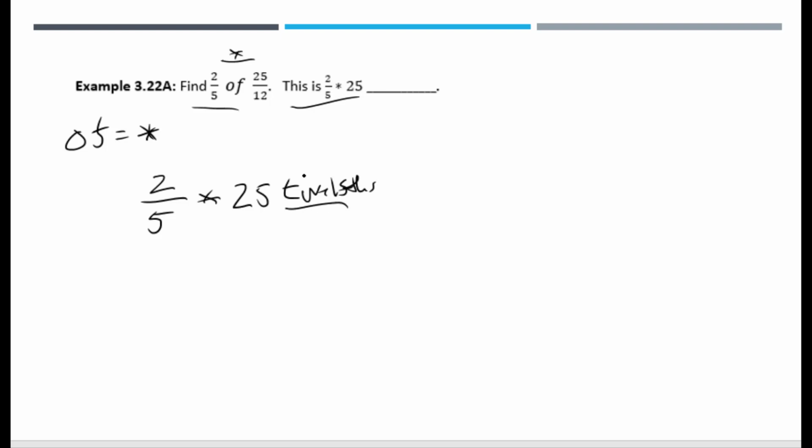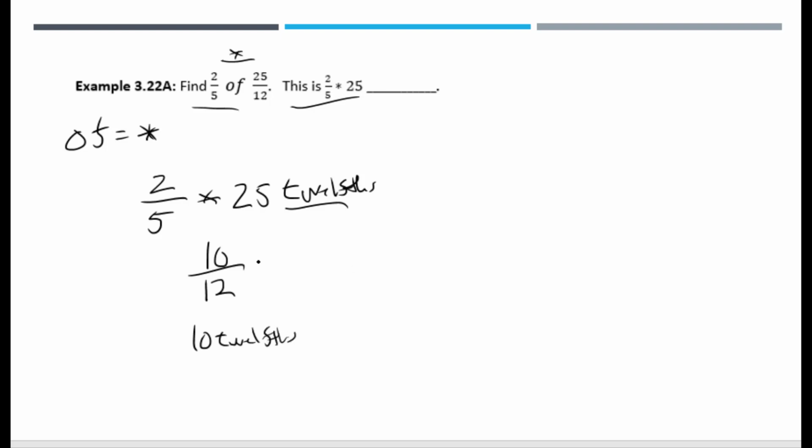And I can write this out as the unit. So here this is a combination of multiplication and division. It's easier to divide first. 25 divided by 5 is 5. 5 times 2 is 10. So this is 10/12.